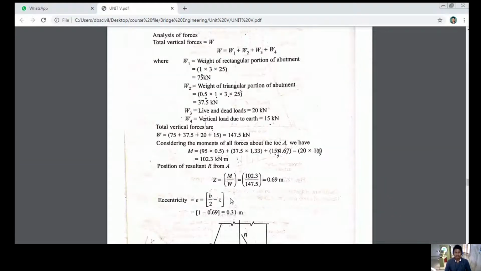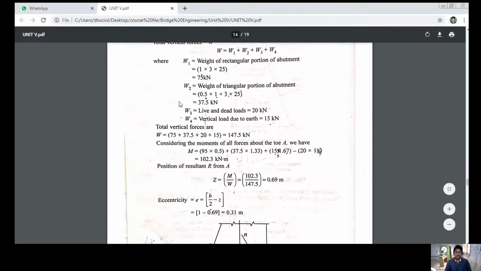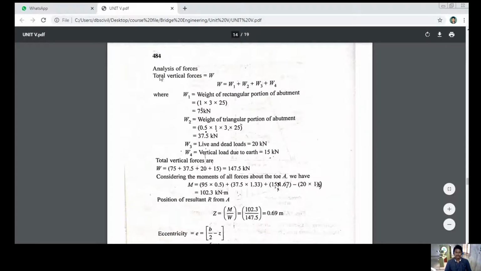Analysis of forces: we have some forces that we have to analyze and differentiate, and we should have unique force values. The total vertical force is called W, and in W we have W1, W2, W3, W4.